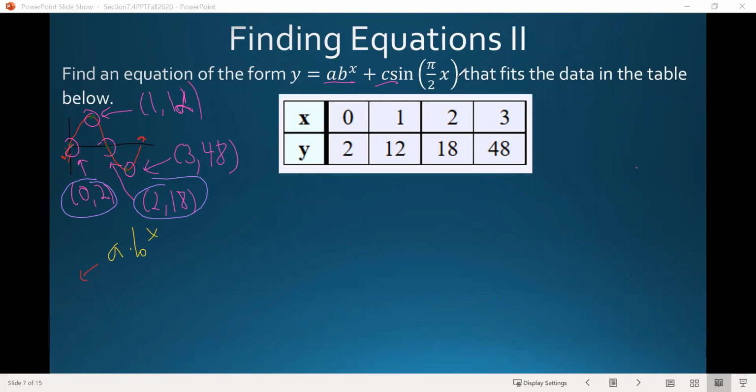If we recall the way that we find the missing components of an exponential function, we set up equations using each of the points we have here. So in this case, we'd have 2 equals a times b to the 0. And then 18 equals a times b squared. So b to the 0 is 1, a times 1 is just a.